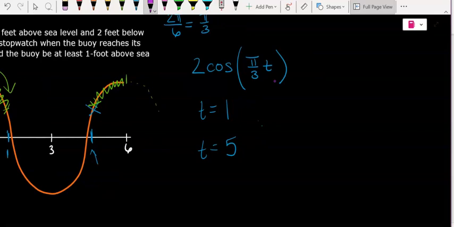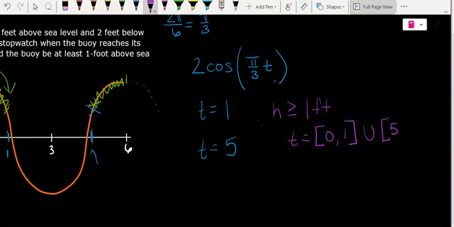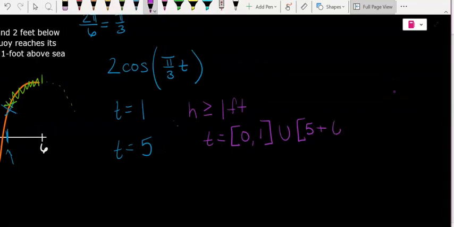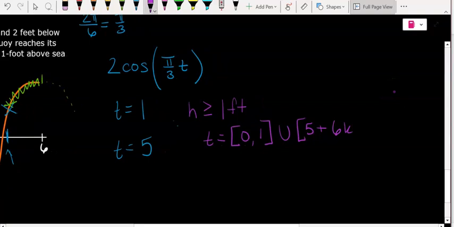So we're going to have our height is greater than or equal to 1 foot at the intervals of t being equal to 0 to 1, and then from 5 plus 6k. And then I'm going to do my next one as where does this interval end?